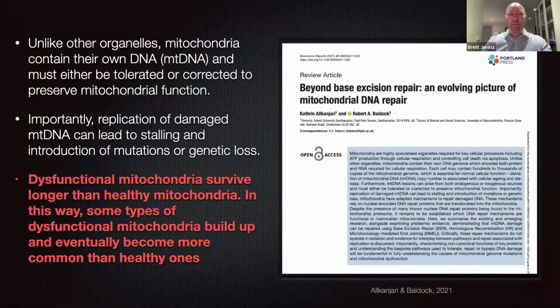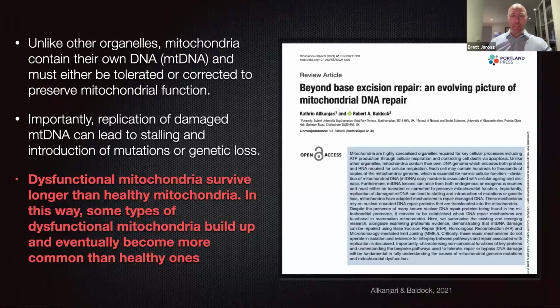Importantly, replication of damaged mitochondrial DNA can lead to stalling and introduction of mutations or genetic loss. And then where it gets interesting from this article, dysfunctional mitochondria survive longer than healthy mitochondria. In this way, some types of dysfunctional mitochondria build up and eventually become more common than healthy ones.